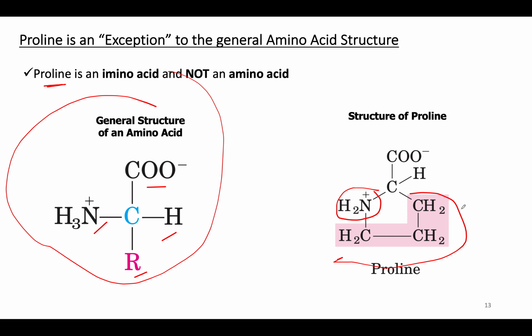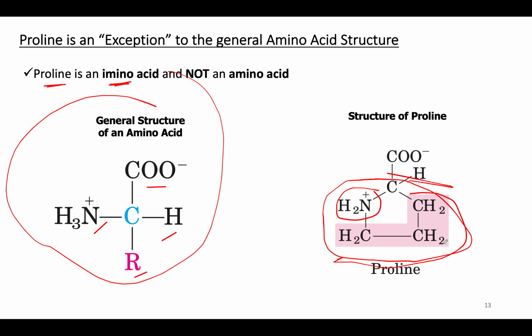Incidentally, proline is technically an imino acid, but sometimes some people like to say proline is an amino acid. This particular moiety that is formed here by the fusion of the amino group with the side chain is called the pyrrolidine ring.